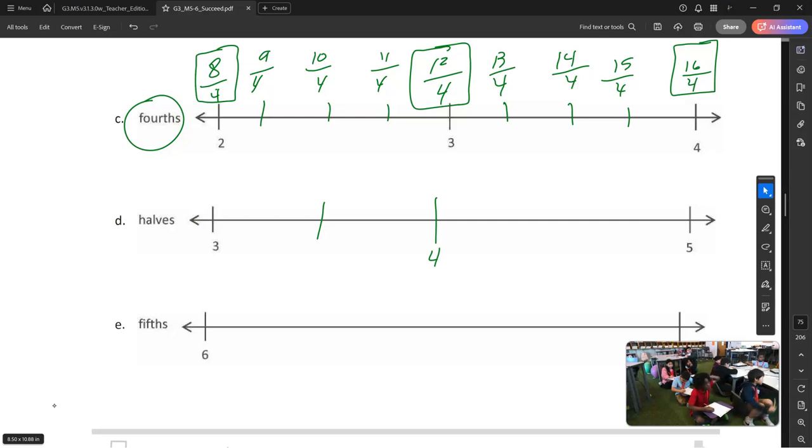So, half, half. Now, if I'm doing halves, what am I counting by? Twos. So if I count by twos, how many times to get 3 wholes? 2, 4, 6. So 6 halves.